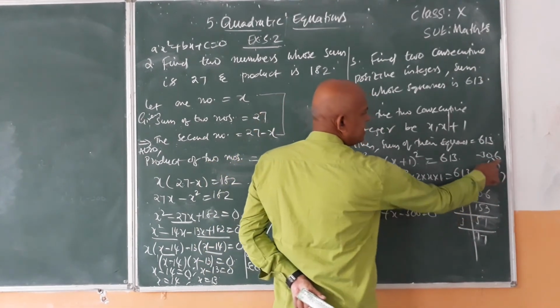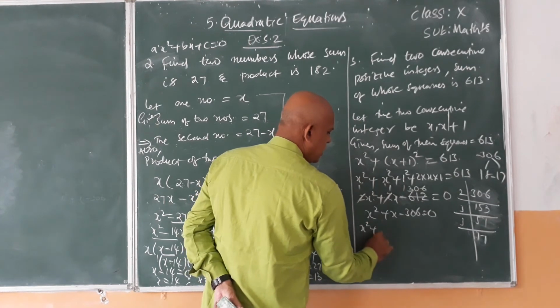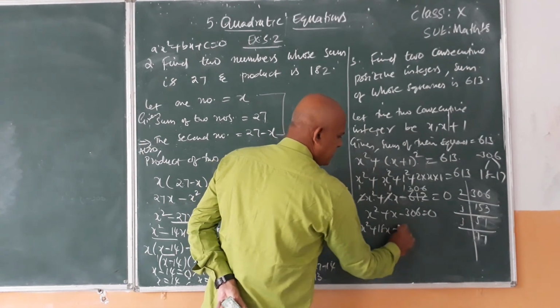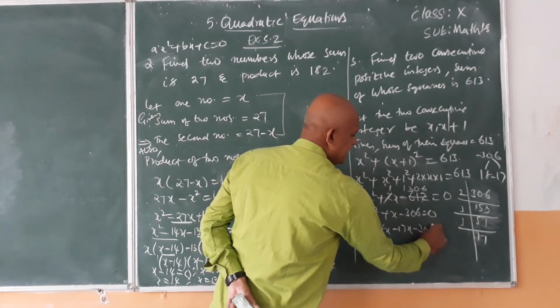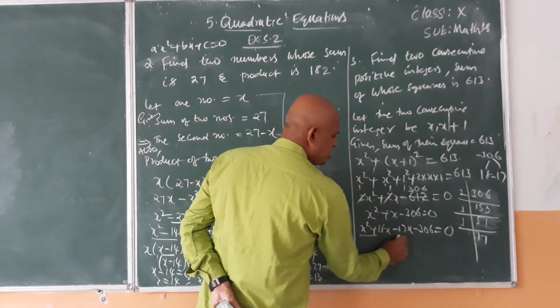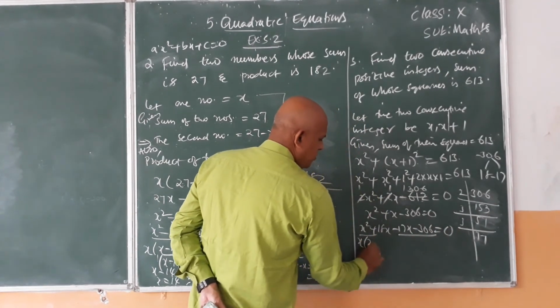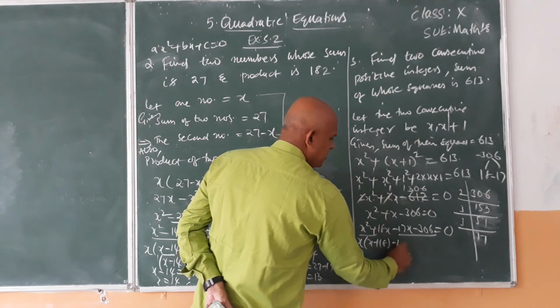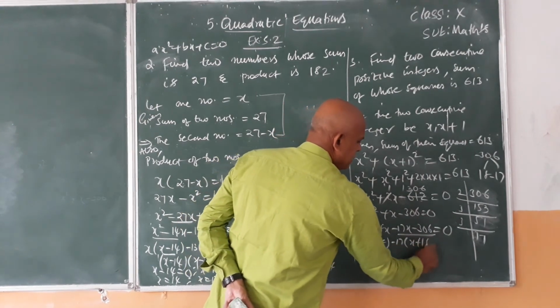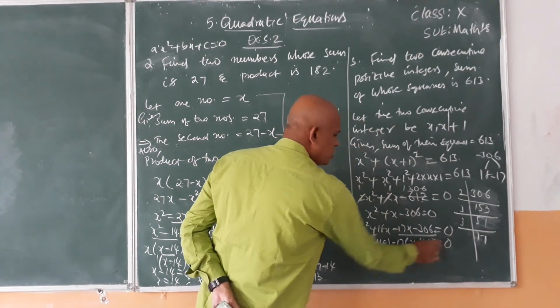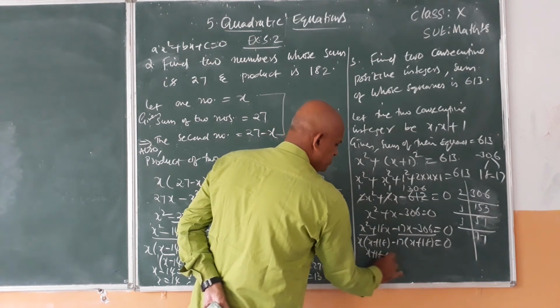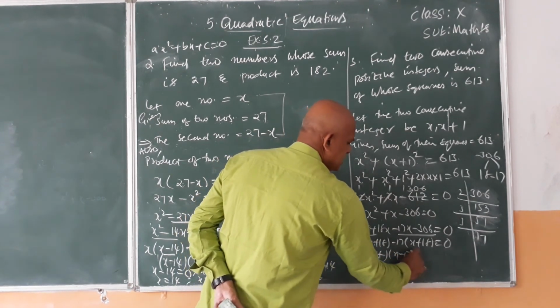So place the positive value with 18: 18 minus 17 is 1, and 18 into minus 17 is minus 306. So x square plus 18x minus 17x minus 306 is equal to 0. Taking common, x plus 18 is common, and x minus 17 remains. So x plus 18 into x minus 17 is equal to 0.